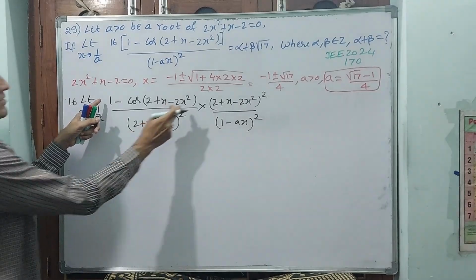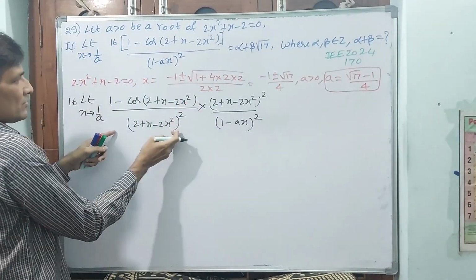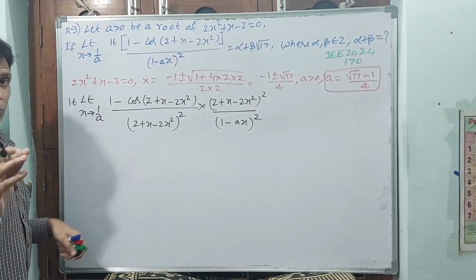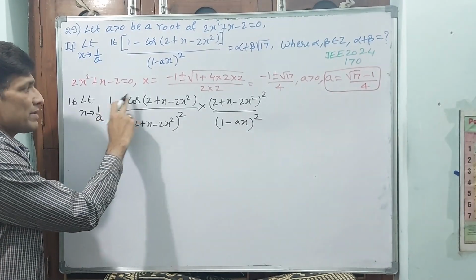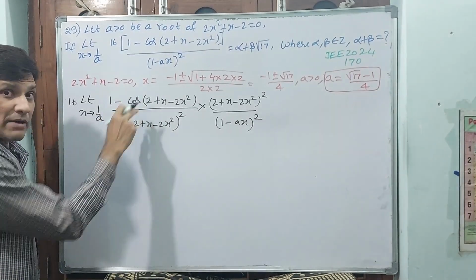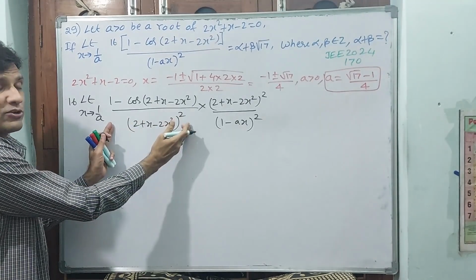Now you see, 1 − cos and this square are already there, so I have taken these two. Why? Because we know one formula: (1 − cos x)/x² is equal to 1/2. This value is going to become 1/2.